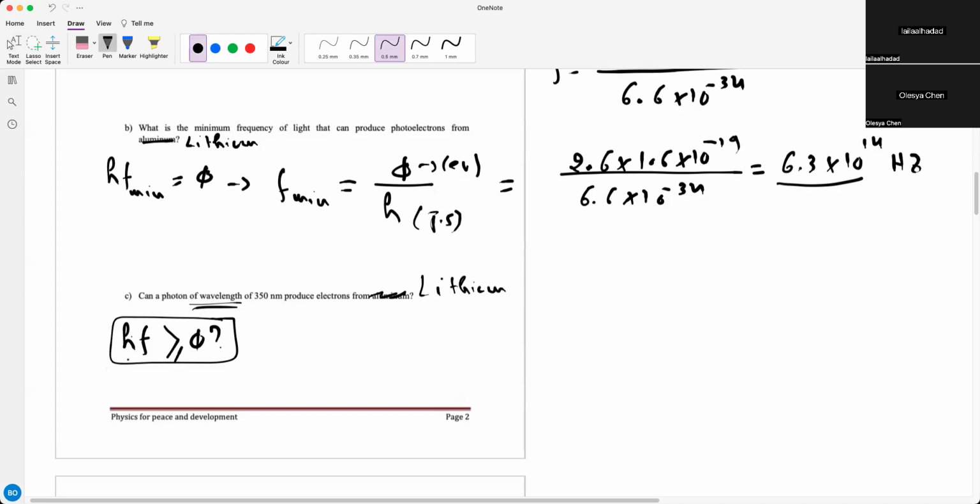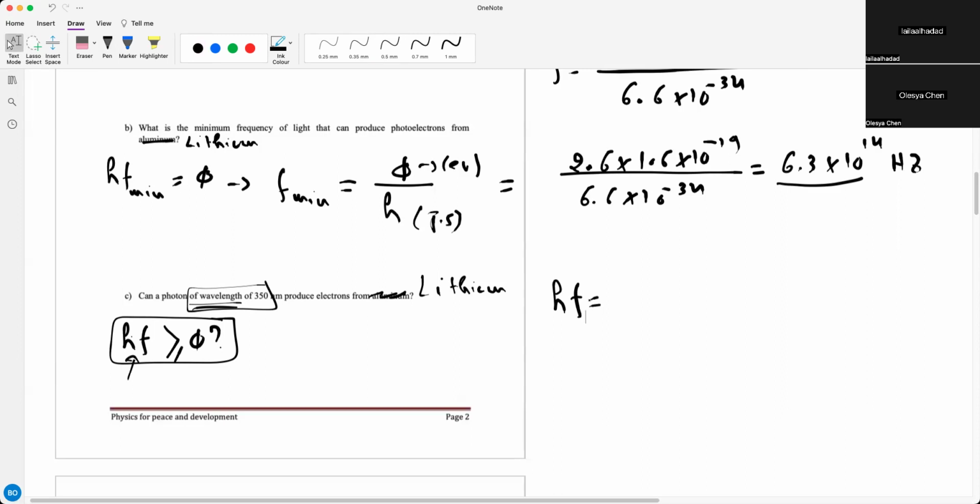So this means I have to calculate the energy of this light. Do you agree? Are you following? Yes. So how do I calculate the energy of this light?